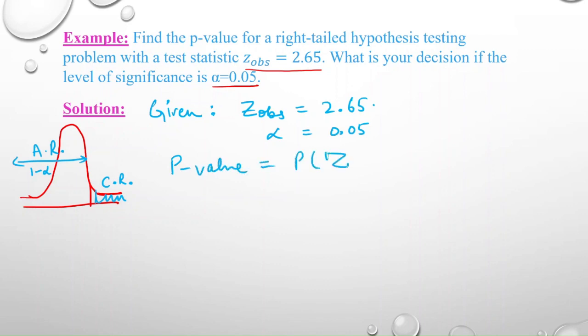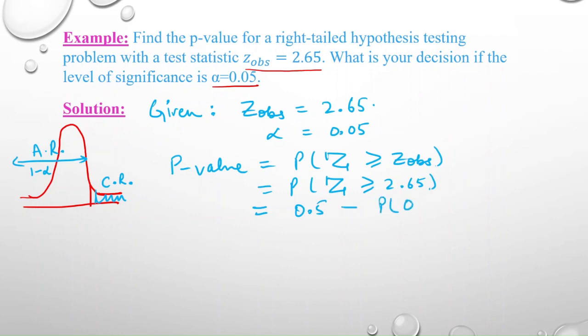The same formula, z greater than or equal to z observed. So z greater than or equal to 2.65. I can also rewrite this as 0.5 minus the probability of z lying between 0 to 2.65.